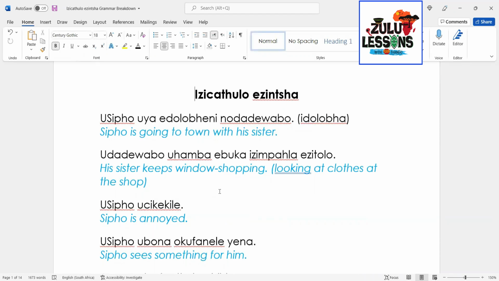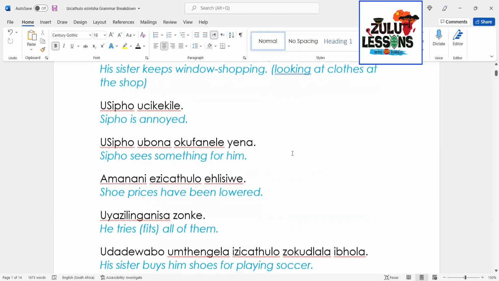His sister keeps window shopping, looking at clothes at the shop. uSipho ucikekile. Sipho is annoyed. uSipho ubona okufanele yena. Sipho sees something that suits him, or we can loosely say Sipho sees something for him or for himself.